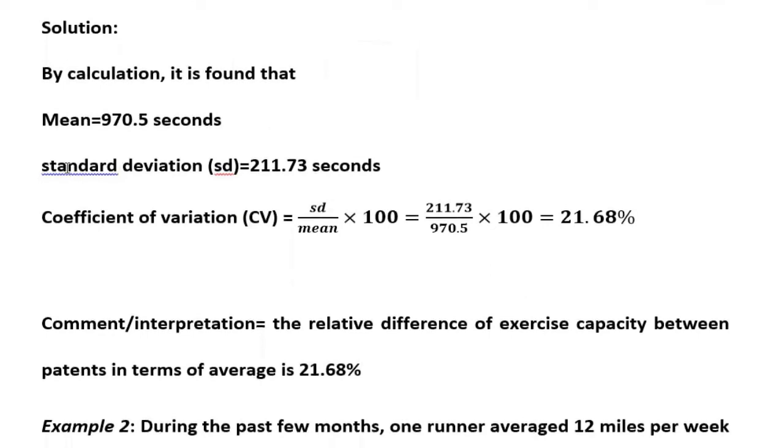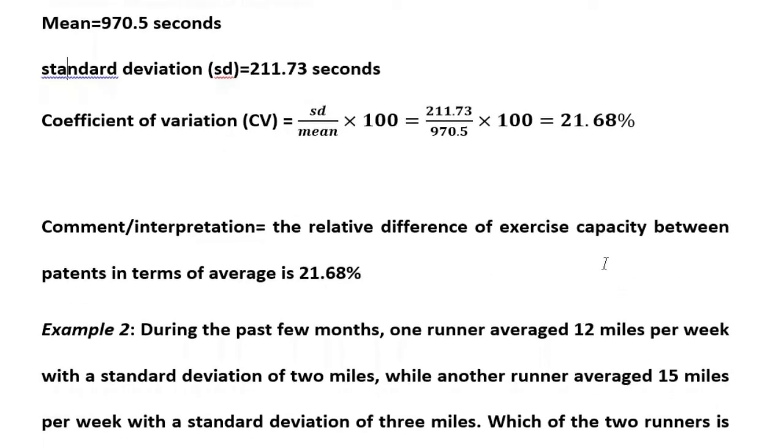You should calculate the standard deviation yourself; it is 210.1173 seconds. If you do the calculation, you will get the coefficient of variation, or CV, of this data as 21.68%. What is the meaning of this? Please remember: in the variance we got the squared difference, in the standard deviation we got the simple or absolute difference, but for the CV we get the relative difference.